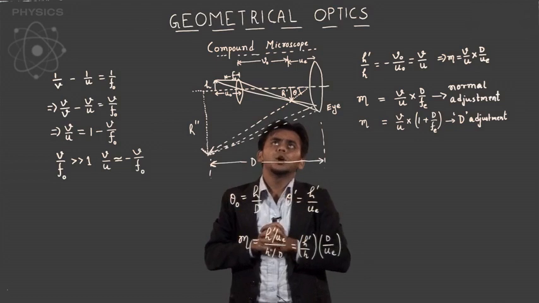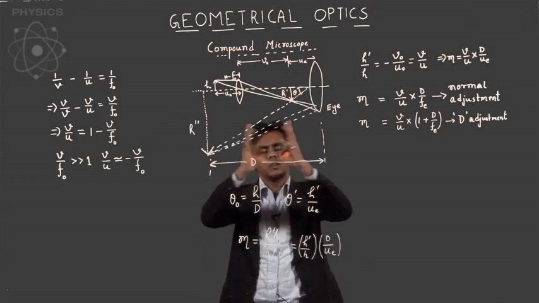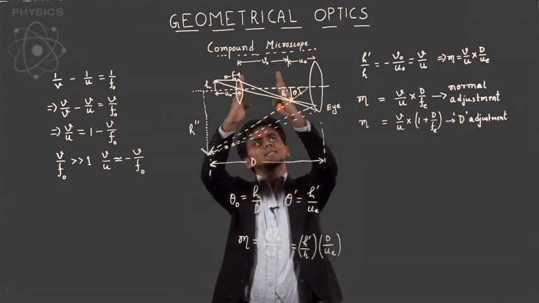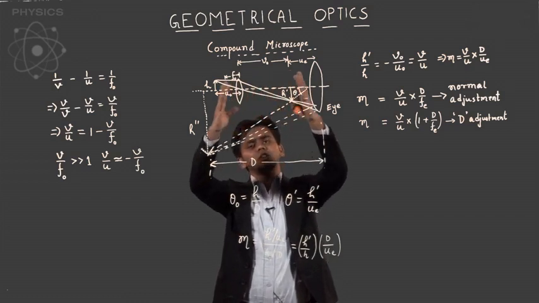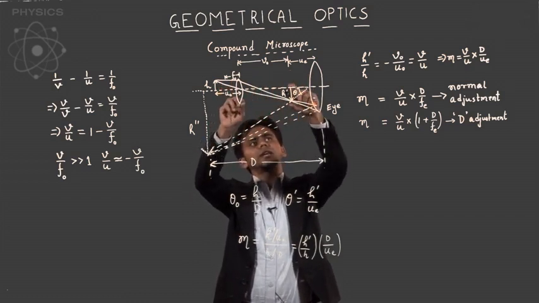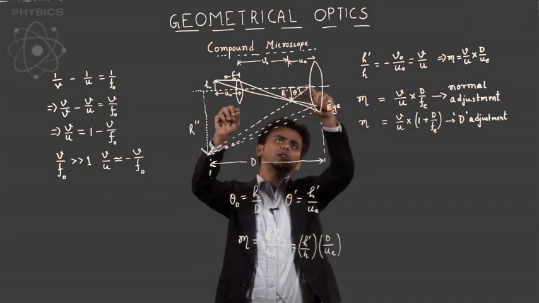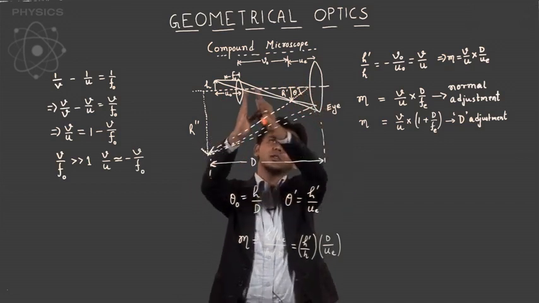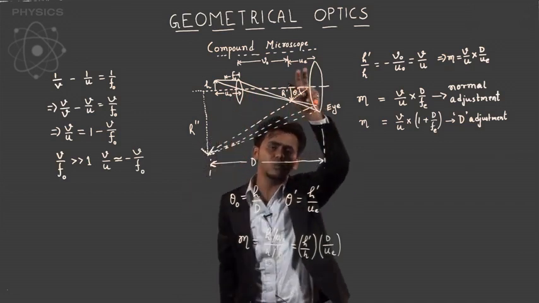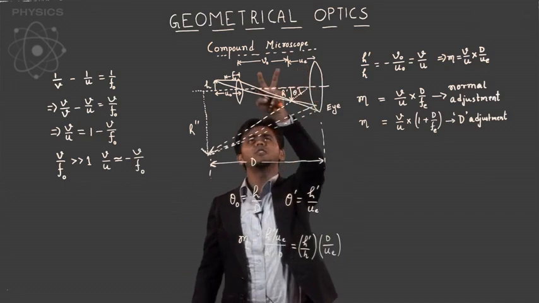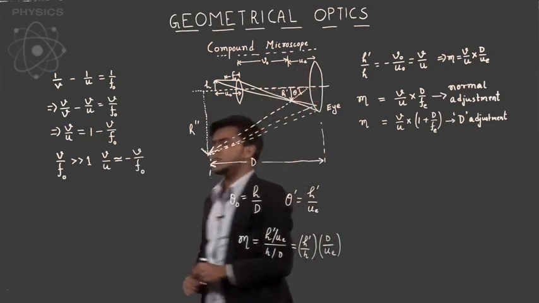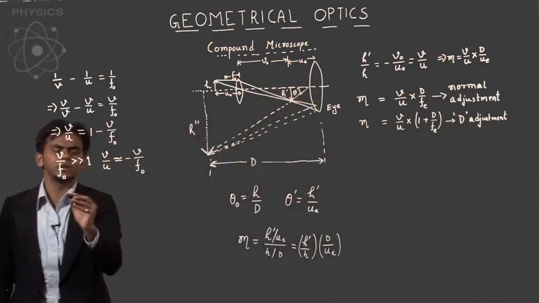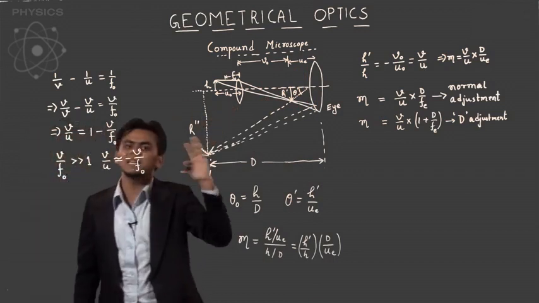Why? Because the intermediate image is formed very close to the eyepiece. So if it is formed very close to the eyepiece, this UE is very small. If UE is very small, V naught is almost equal to the length of the tube. So I can say this V over here, V naught and V essentially are the same things.